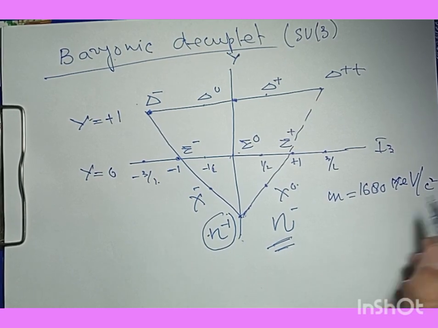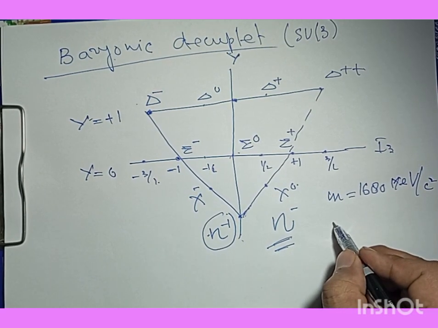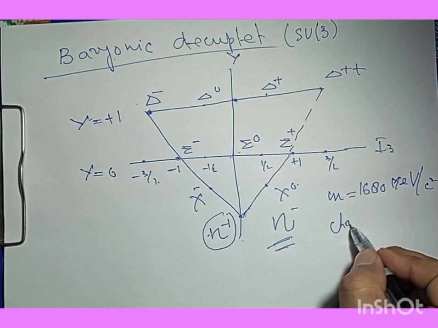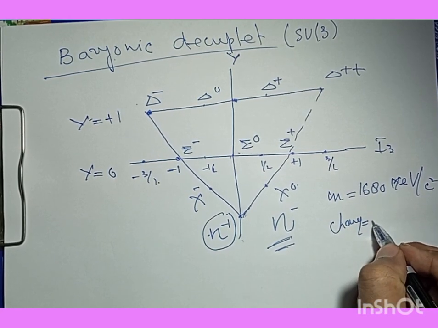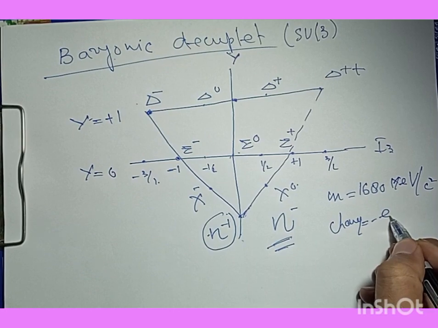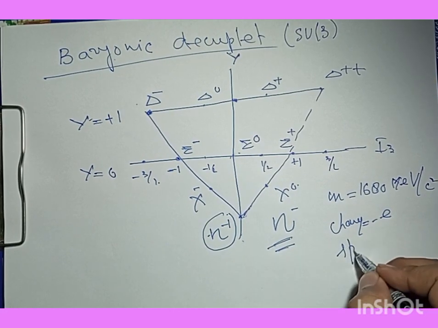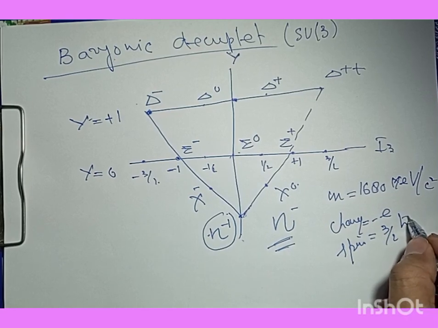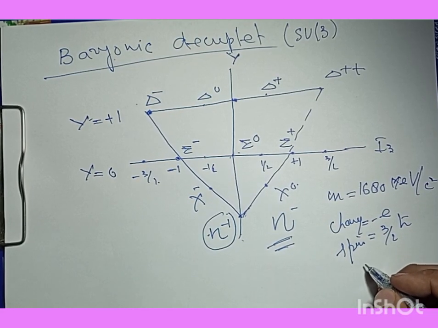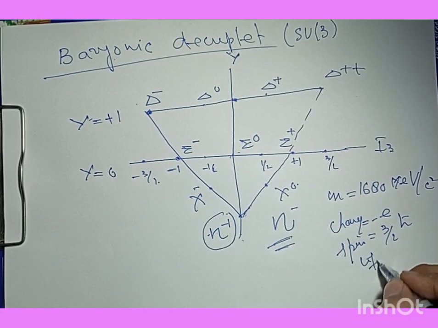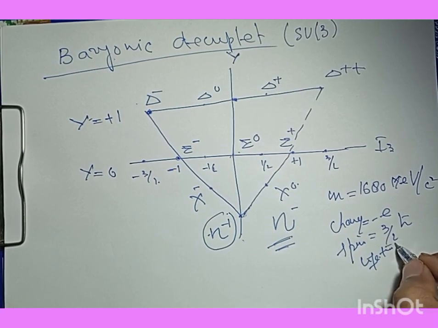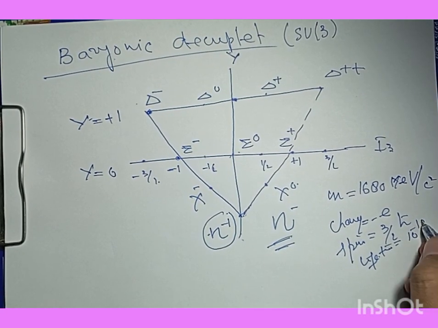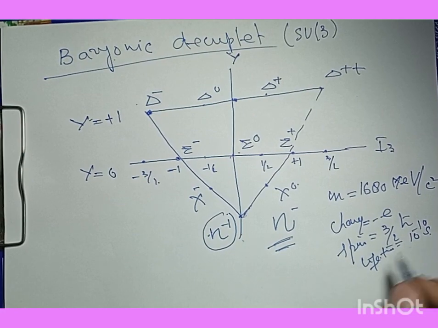It must be MeV/c squared, and it must have a charge of -e, and it must have a spin of 3/2, and it must have a lifetime of the order of 10 to the power of -10 seconds.